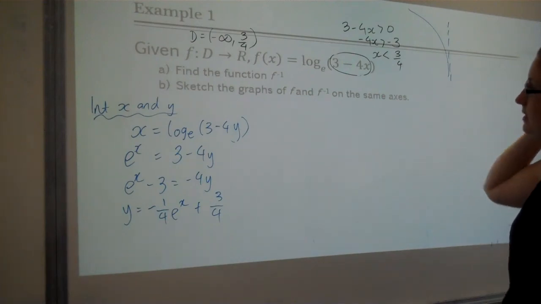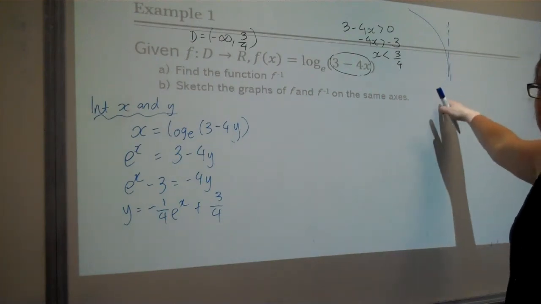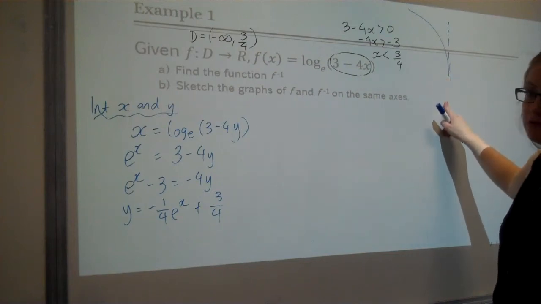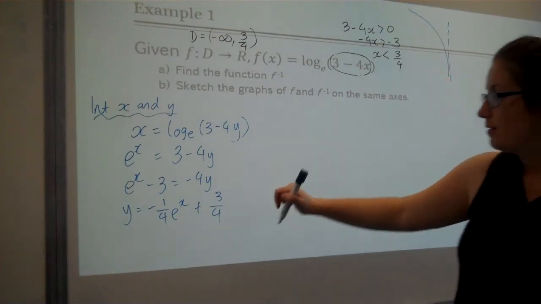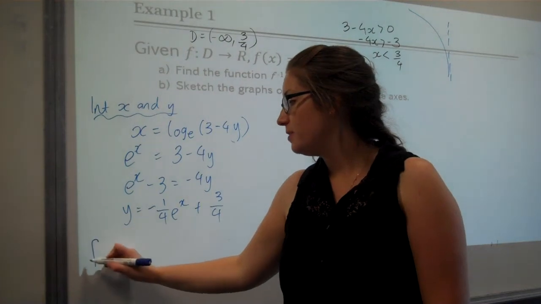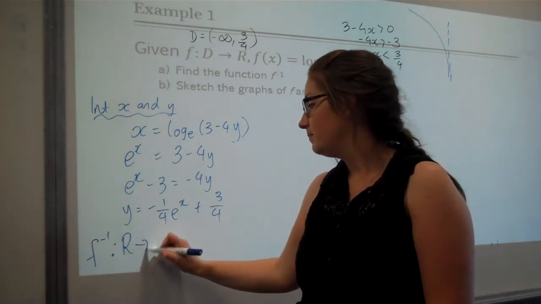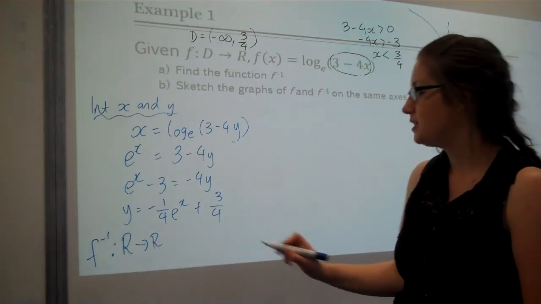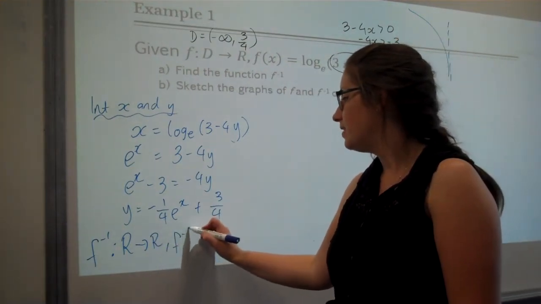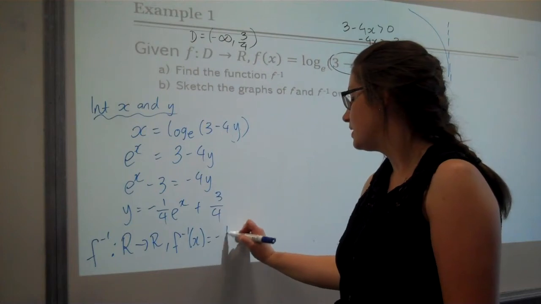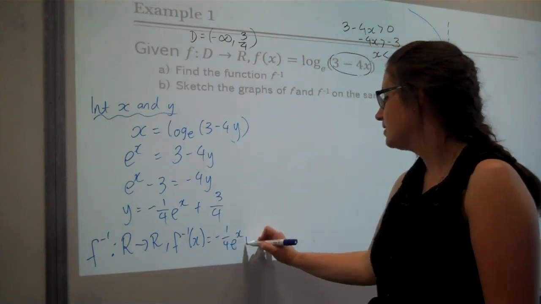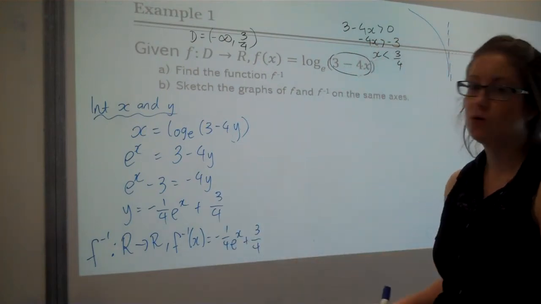So what that means is that the range of the original function would be the reals. So here, the domain of the inverse would be the reals. So our function f negative 1, domain R to codomain R, we never change that, f negative 1 of x equals negative 1/4 e to the power of x plus 3/4.